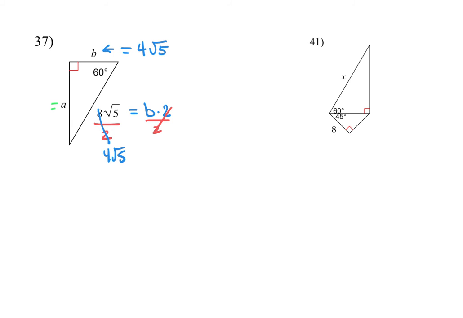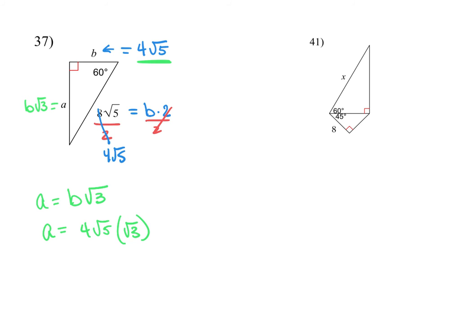My longer side is going to be my short side times the square root of 3. I know my short side. So my long side equals my short side times the square root of 3. To find A, I take my short side, 4 square root of 5, and multiply it by the square root of 3.